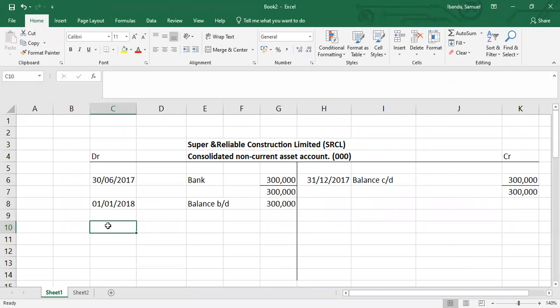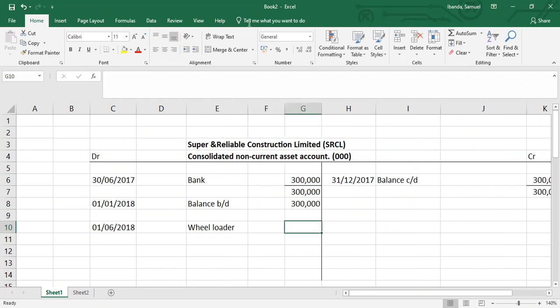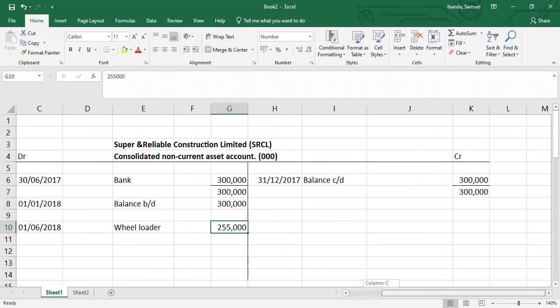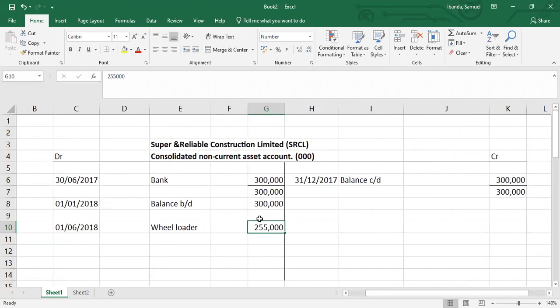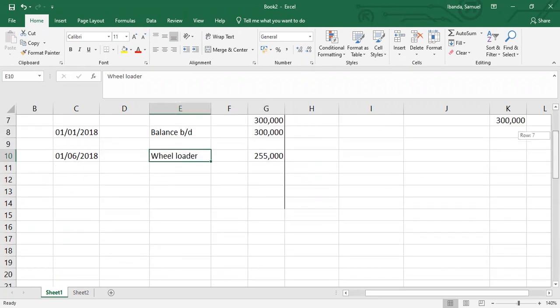So 1st June 2018, we have the wheel loader coming in, and it is worth 255. So I've recognized it here, and I also go to the bank account.